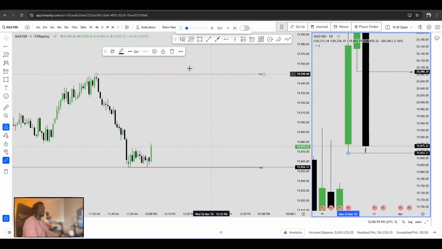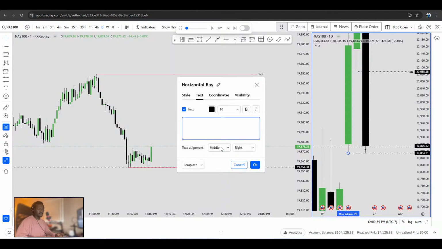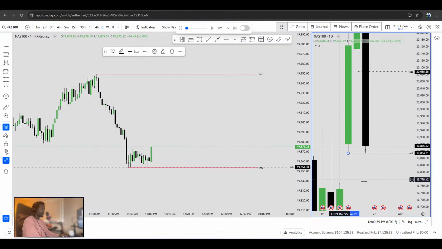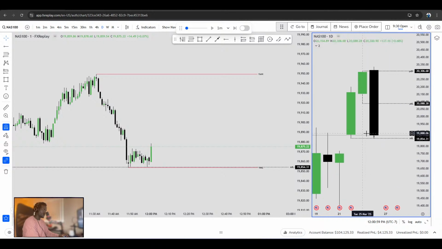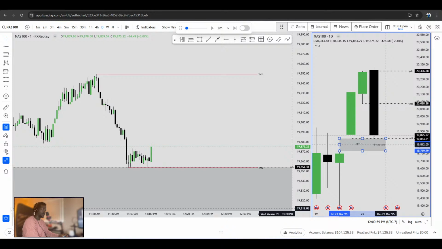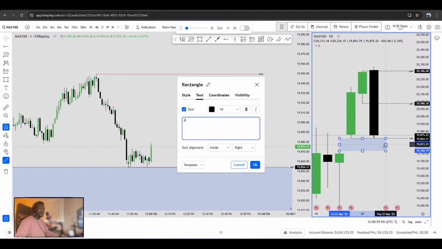Now, this might be a banger trade, because that's an old daily low right there, and then we have this fair value gap here. So that's a nice pull to go into. Very, very nice pull.